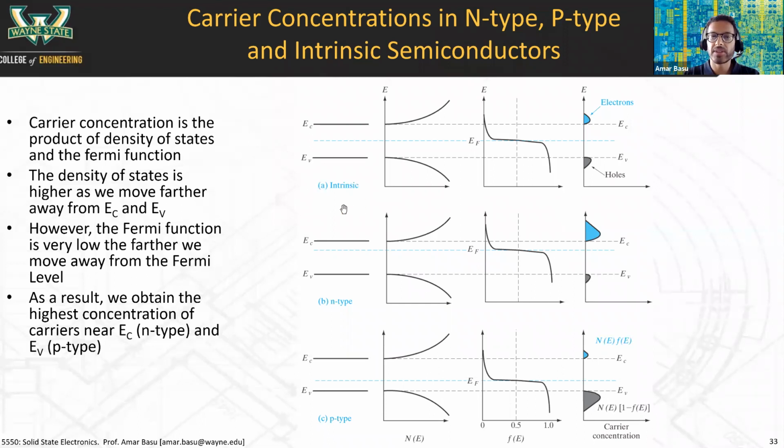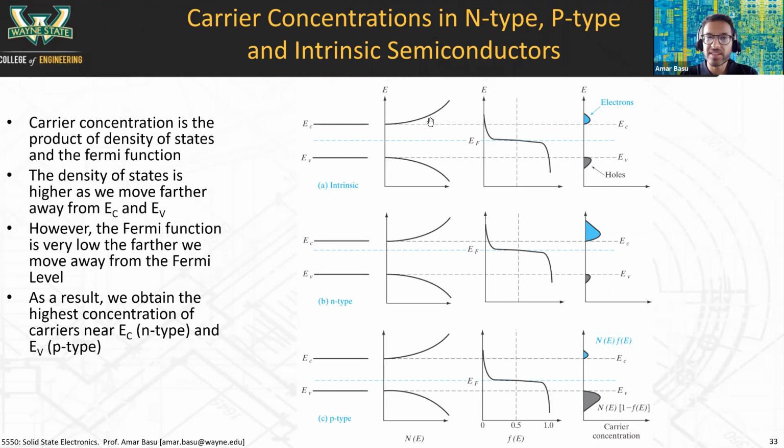We start off with the intrinsic case. The Fermi level is positioned right in between EC and EV. Now I want you to picture multiplying the density of states in the conduction band with the Fermi function.